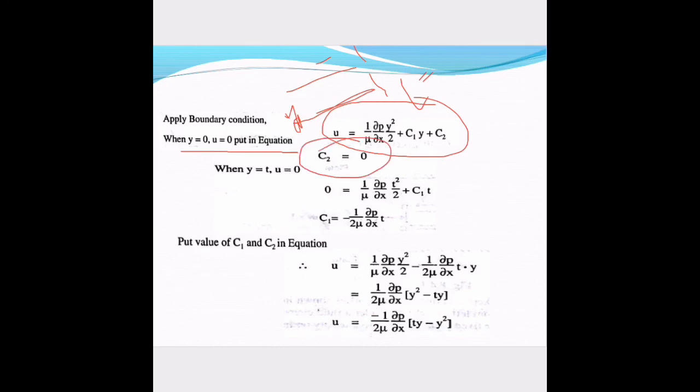Yes, C2 you have got, C2 is equal to 0. Then you have to consider the second boundary condition, where you find the C1 value. Just substitute these values in the above equation, solve it, and ultimately we will get the C1 value.